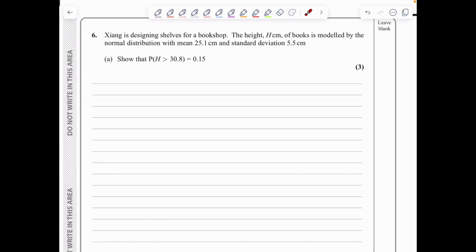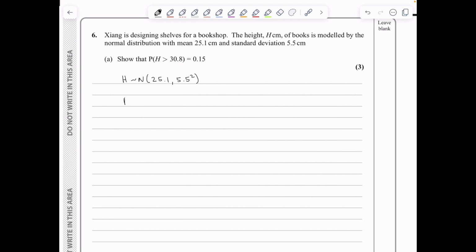In question 6, the height capital H centimeters of books is modeled through a normal distribution with a mean of 25.1 and a standard deviation of 5.5 centimeters, and we need to show that the probability of capital H being greater than 30.8 is 0.15. So we've got H following normal 25.1, 5.5 squared.